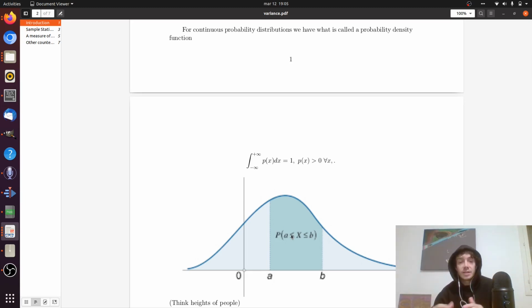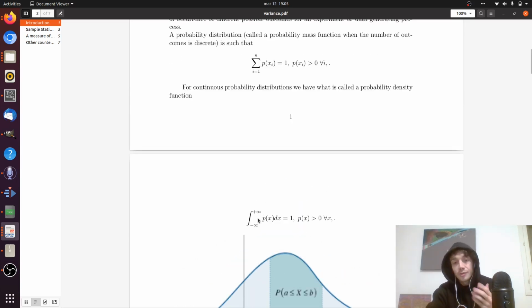So just to give an example, let's say A is 1 meter 60 and B is 1 meter 90. Then the probability that in the previous example, I observe a person that is going to be between 1 meter 60 and 1 meter 90 is going to be equal to the area under the curve of this probability density function. So this is a smart way to assign probabilities to outcomes even when there's an infinite number of them.